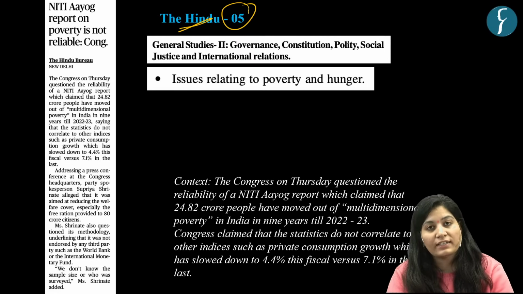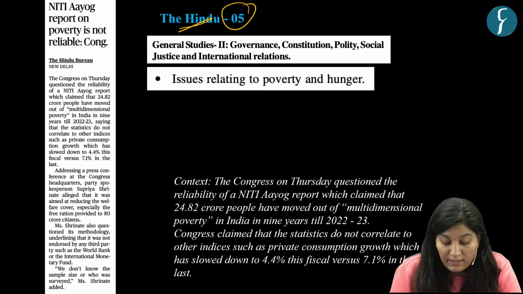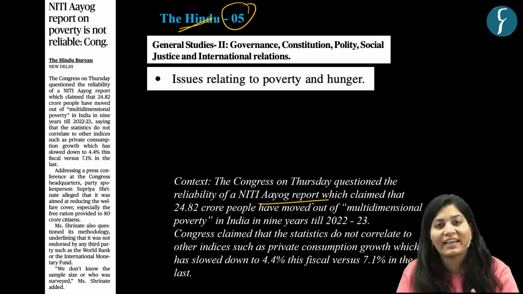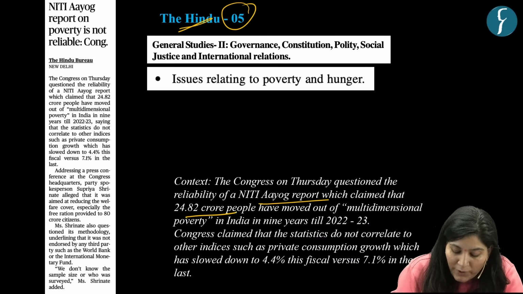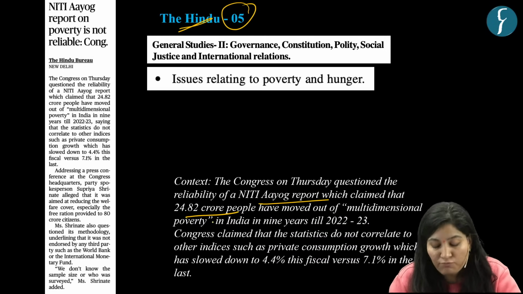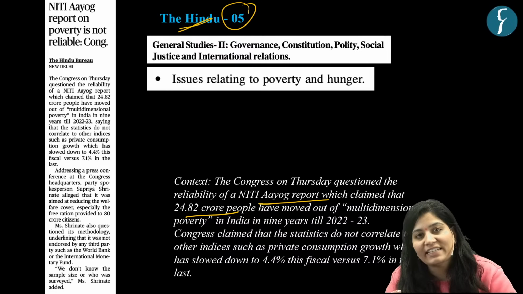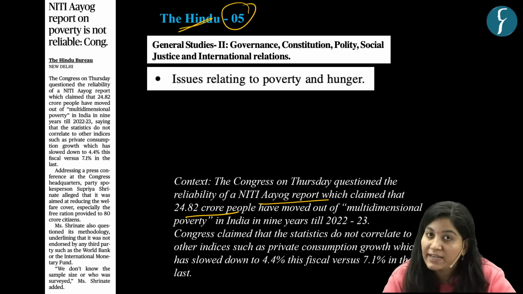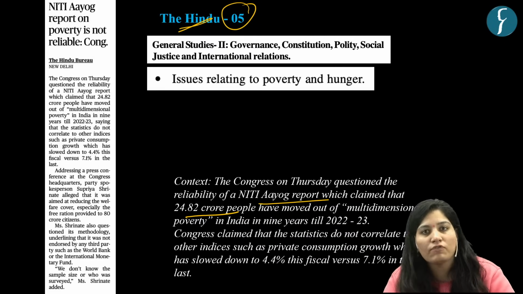The context is that Congress questioned the reliability of the Niti Aayog report, which claimed that 24.8 crore people have moved out of multi-dimensional poverty in India in 9 years till 2022-23. Okay, this much population moved out of poverty.